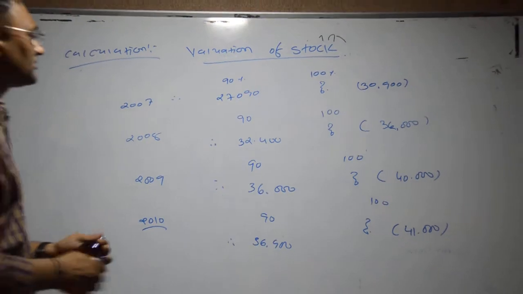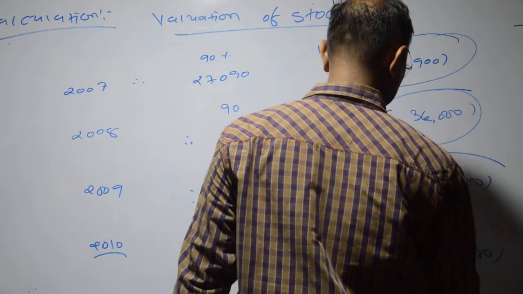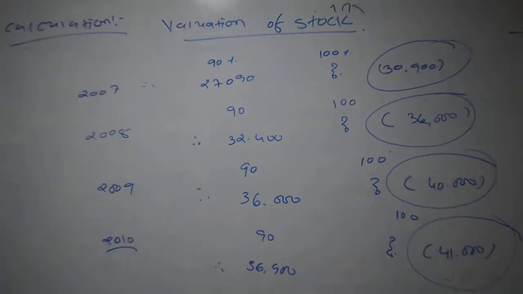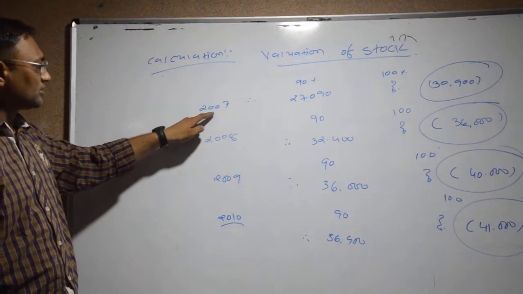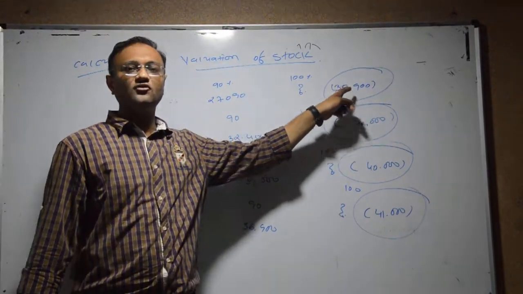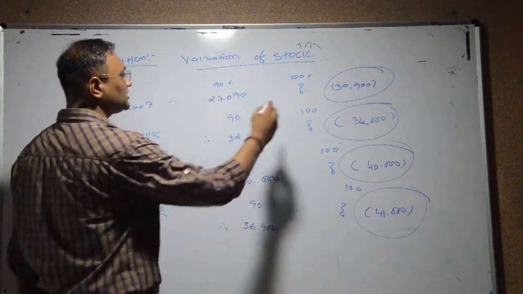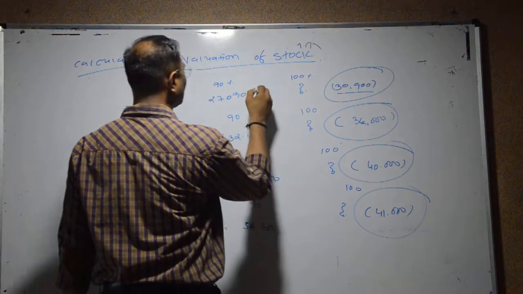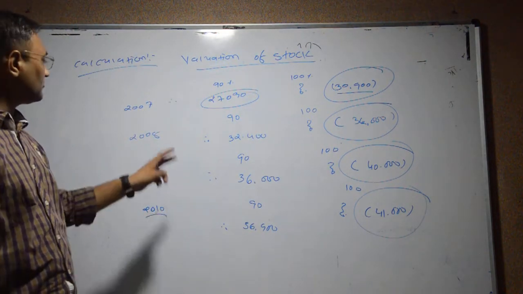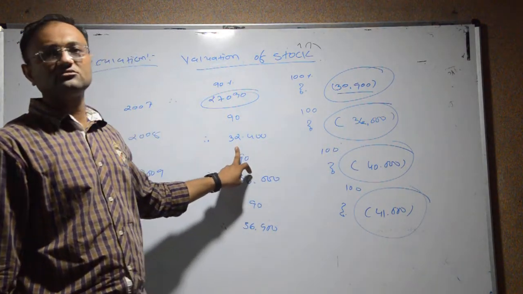With these amounts we have received, when preparing the trading accounts of the previous years 2007, 2008 and 2009, we have to consider the new values arrived from the calculation. So we consider 30,900 instead of 27,900, and in the same way for 2008, 36,000 instead of 32,400.